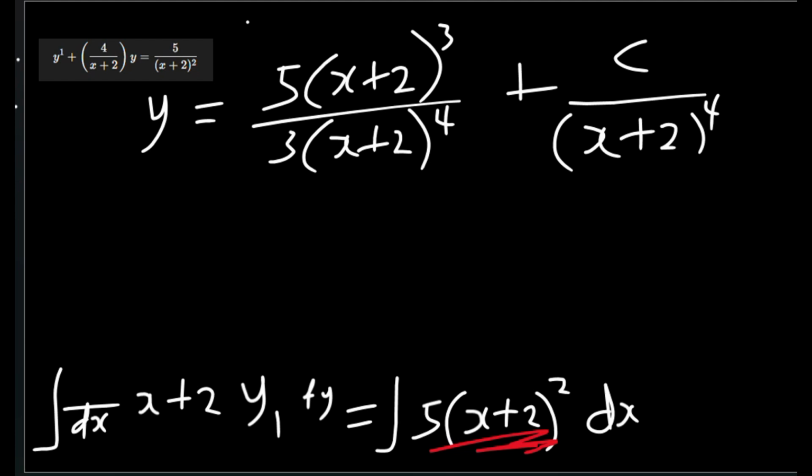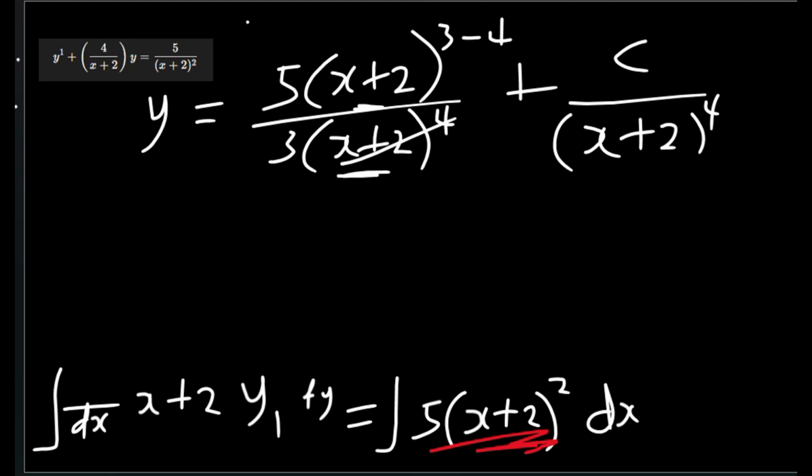So we could see that (x + 2) was common between these two terms, so we subtract the powers, or you can simply cancel it out, however you want to do it.